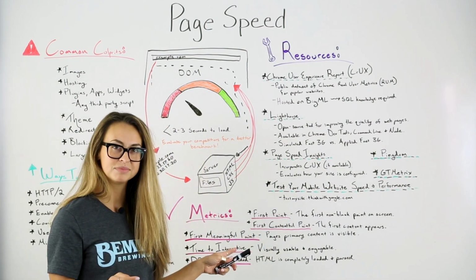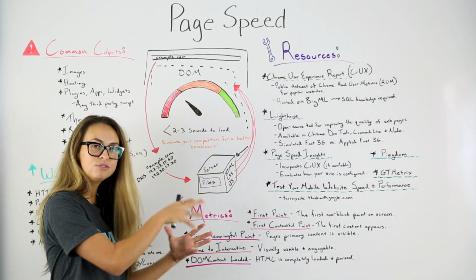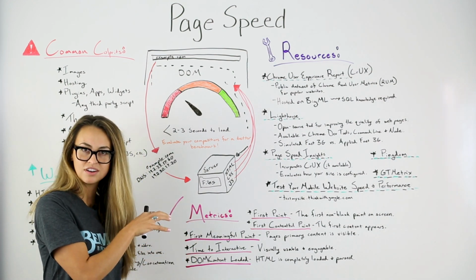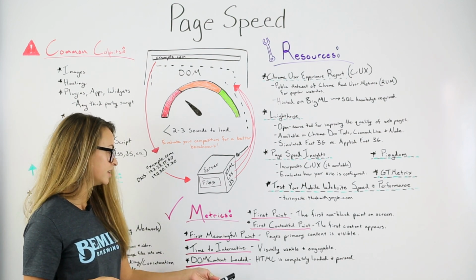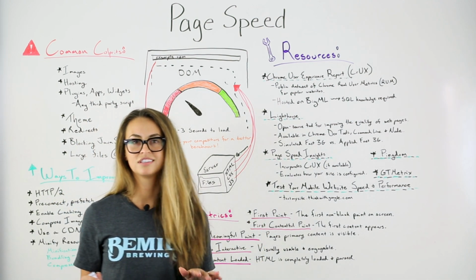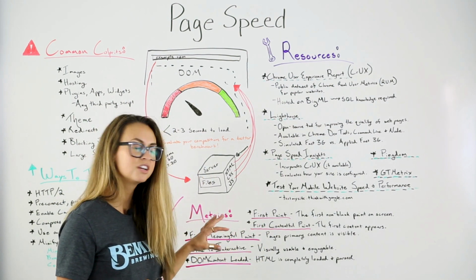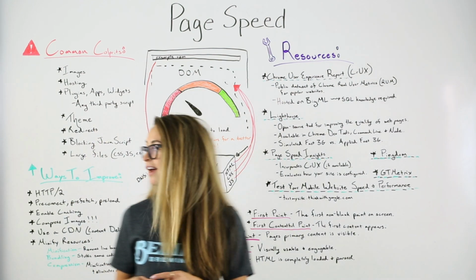That's where this metric comes in. So when is it usable for the user? And again, notice how user-centric even these metrics are. Really, really neat. DOM content loaded is when the HTML is completely loaded and parsed. So some really good ones to keep an eye on and just to be aware of in general.